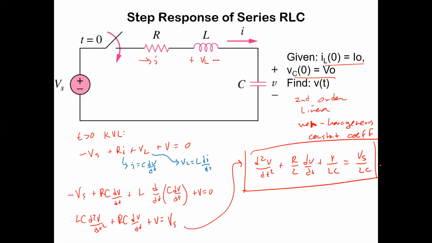Okay, so that is the equation. And you can consider that there are going to be two parts, as you are probably familiar with, the homogeneous and the steady state response. The homogeneous response is where it equals 0.